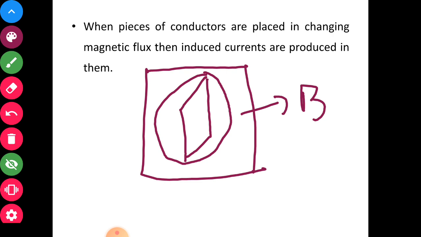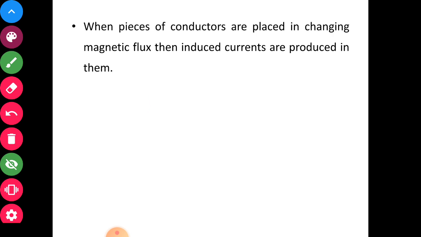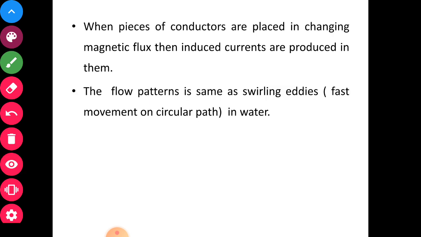Try to understand, for the production of induced current in any metal, the magnetic flux should change. Now the flow pattern is the same as swirling eddies, that is fast movement on a circular path.